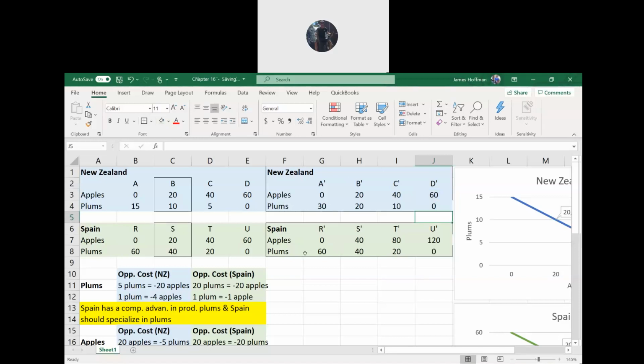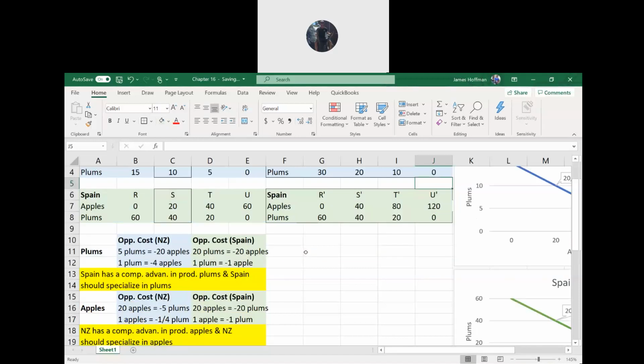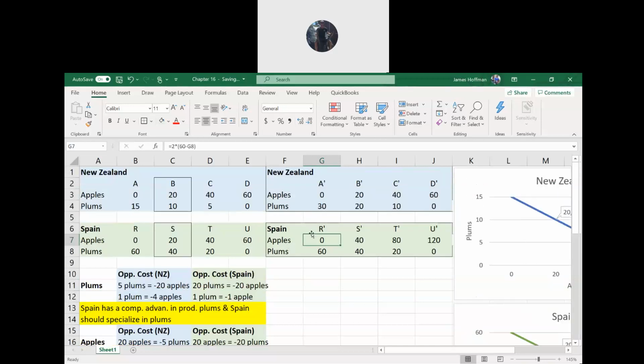And in this one, Spain was specializing in plums, so this line should be the same as this one, and then the calculation should show what they could have gotten in a trade, right? If they traded away the remainder. So here they kept all the plums, so they get no apples. Here they kept 40.